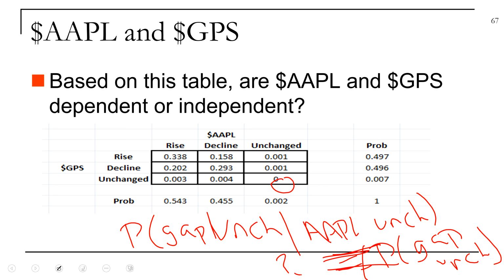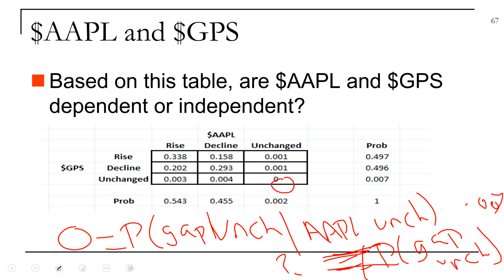Well, we can compute that with the definition of conditional probability. We know it's going to be in the numerator, Gap unchanged and Apple unchanged, which is 0. So this is 0. However, what's the probability Gap is unchanged? That's 0.007. And we're looking for straight equality right now. So we would say that they're not independent, they're dependent.